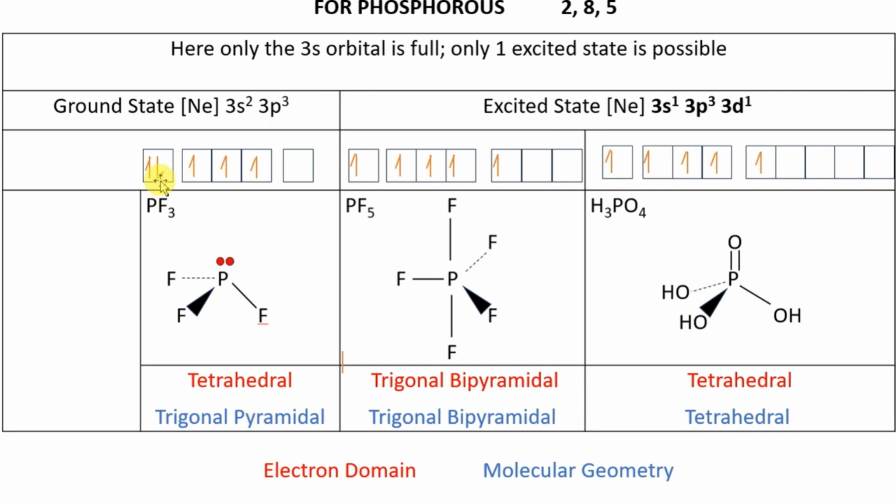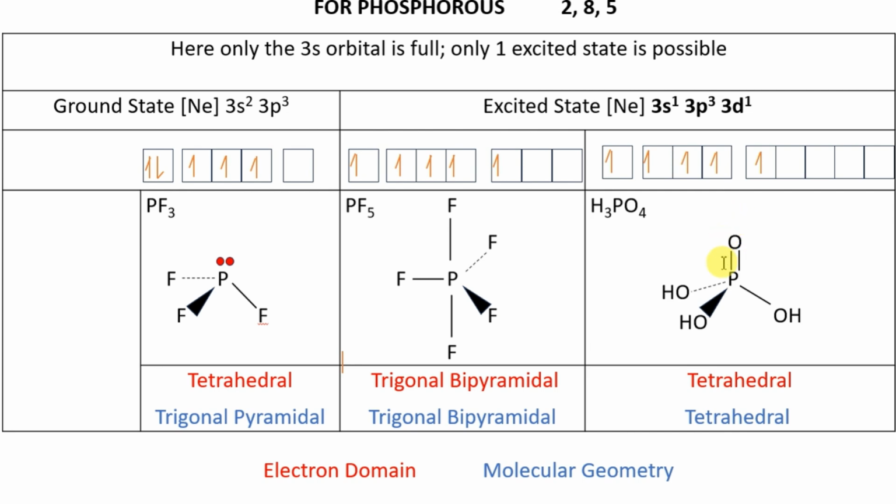If the electron in the 3s2 is excited into a vacant d, I've now got 5 singly occupied atomic orbitals, as is the case with PF5, giving trigonal bipyramidal both in terms of molecular geometry and electron domain geometry. 5 covalent bonds can be made in phosphoric acid, H3PO4.